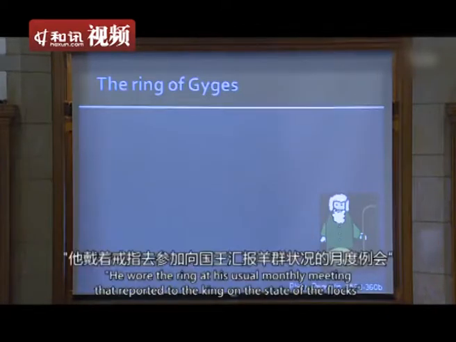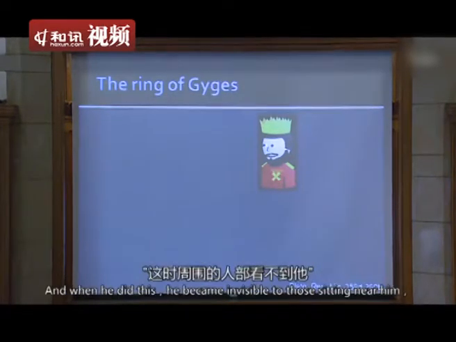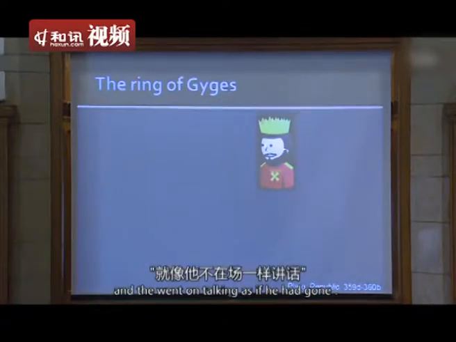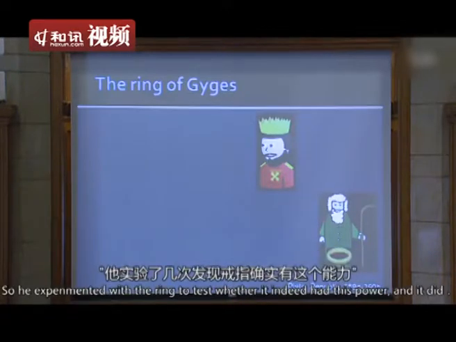He wore the ring at his usual monthly meeting that reported to the king on the state of the flocks. And as he was sitting among the others, he happened to turn the setting of the ring towards himself to the inside of the hand. And when he did this, he became invisible to those sitting near him, and they went on talking as if he had gone. He wondered about this, and fingering the ring, he turned the setting outwards again and became visible. So he experimented with the ring to test whether it indeed had this power, and it did.